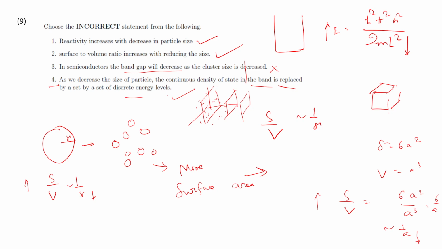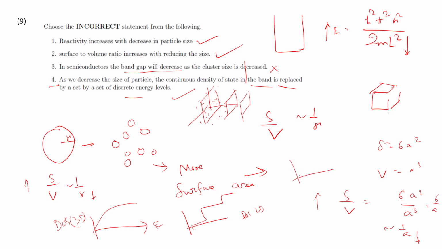So this is true. The density of states for a 3D material goes like this, DOS3D, and this is energy. Now DOS2D goes something like this.